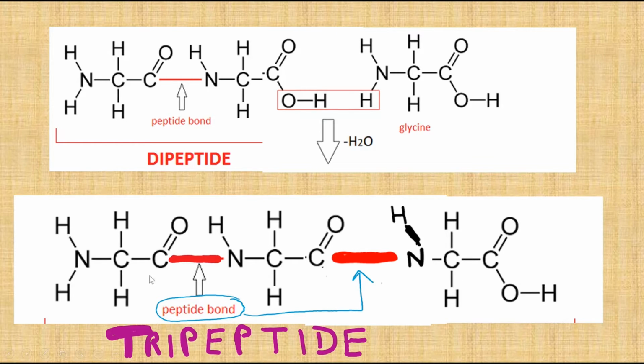And this C-N bond is called the peptide bond. What C-N bond? The carboxylic carbon of one amino acid and the amino nitrogen form together a peptide bond. Similarly, when a lot of peptide bonds are formed, we call them a polypeptide.